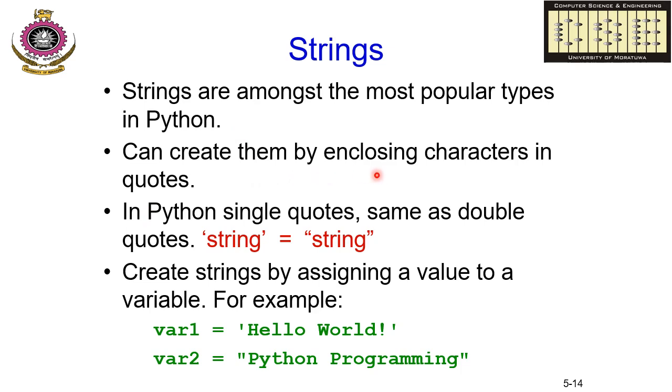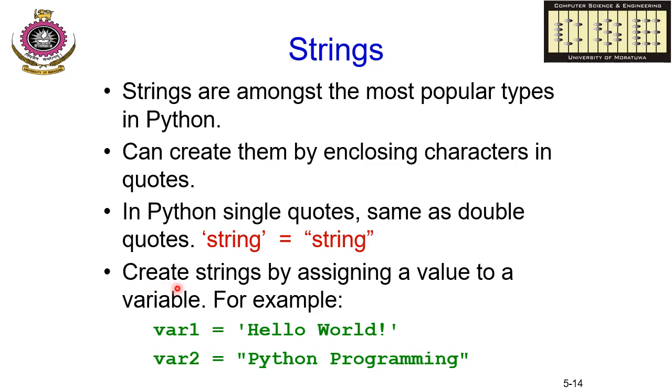We can create or define strings by enclosing characters in either single quotes or double quotes. Those two possibilities are there. Single quotes are the same as double quotes. There's no real difference between these two. This is a string and this is also a string, and these are equivalent.